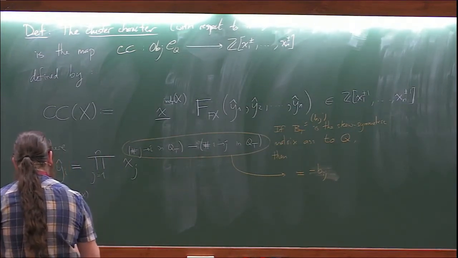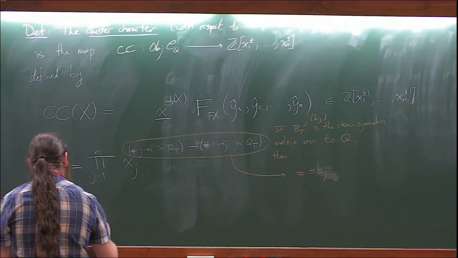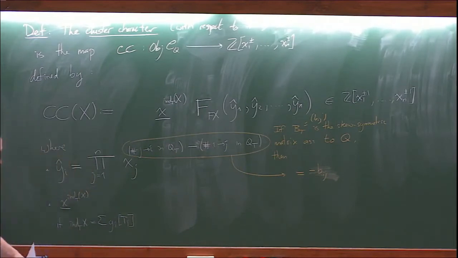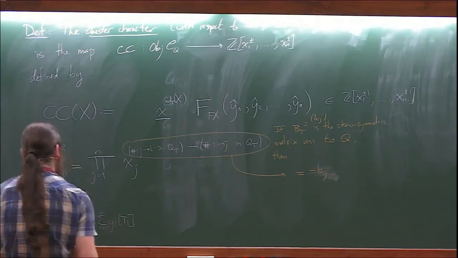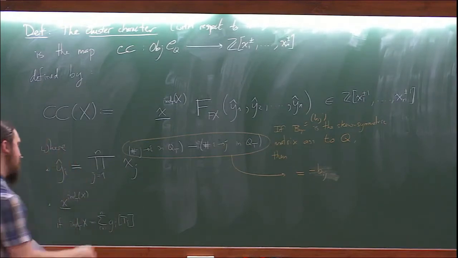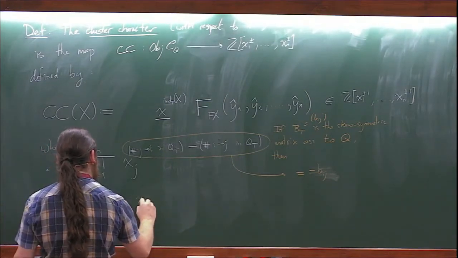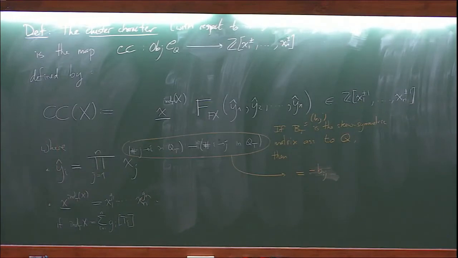If the index of X is given, in the basis of the Ti's, by the sum of gi times Ti, then x to this power is equal to x1 to the power g1 times x2 to the power g2 and so on, xn to the power gn. It's the same notation as we've seen before. So that's a definition. Okay? It's like an F-polynomial, but we've tweaked it a little bit.